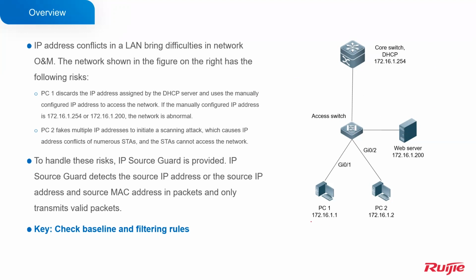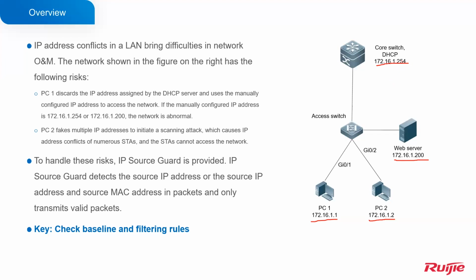For PC1, the IP is 172.16.1.1, and PC2 is 172.16.1.2. There is a web server whose IP address is 172.16.1.200, and the core switch in the network acts as the DHCP server, and its own IP is 172.16.1.254.